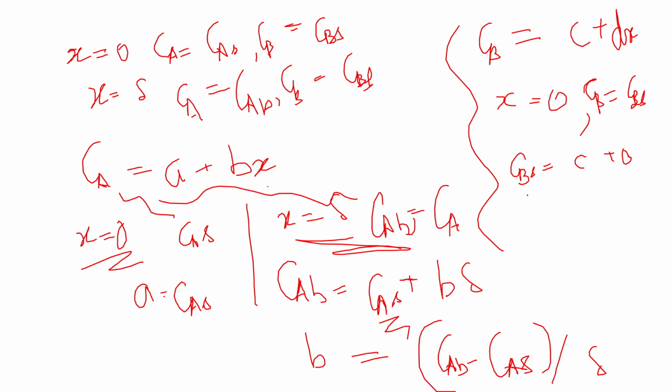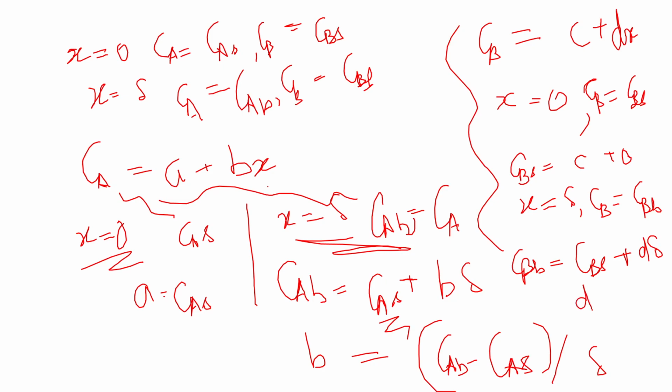Now the next one is again at x equal to del, CB equal to CBB. I'm substituting that, so I get CBB equal to CBS plus D del.